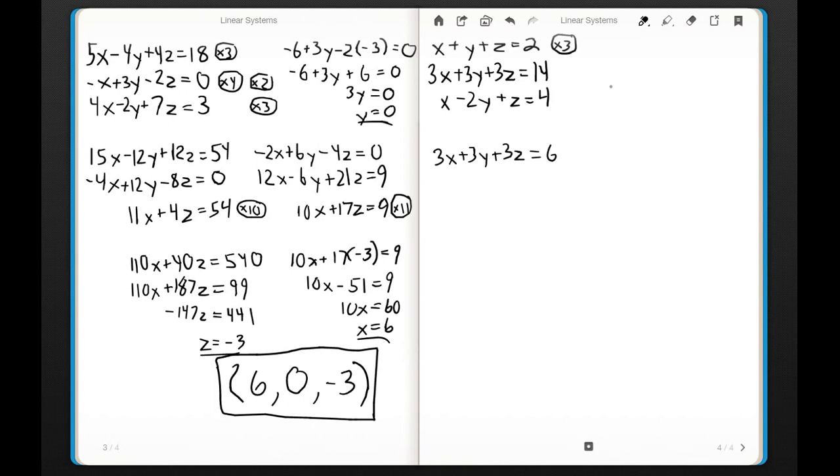And that is impossible. So there is no solution here. If you ever have the exact same thing equal to two separate numbers in the same problem, that is impossible. There is no solution.